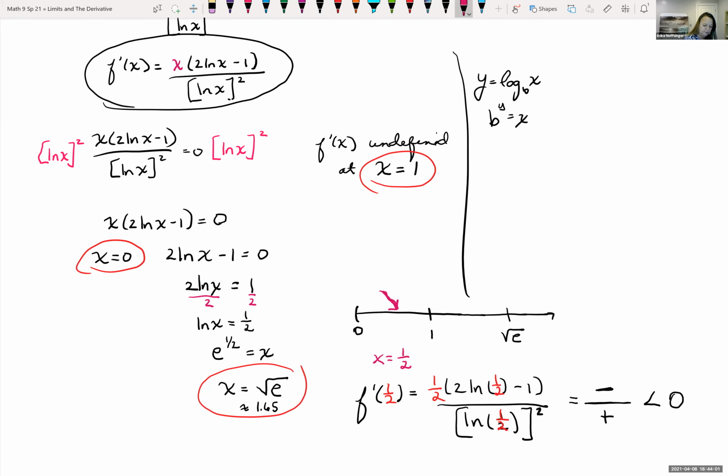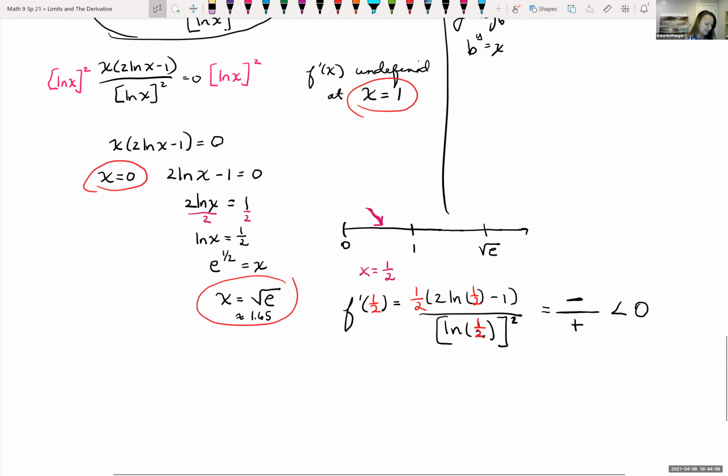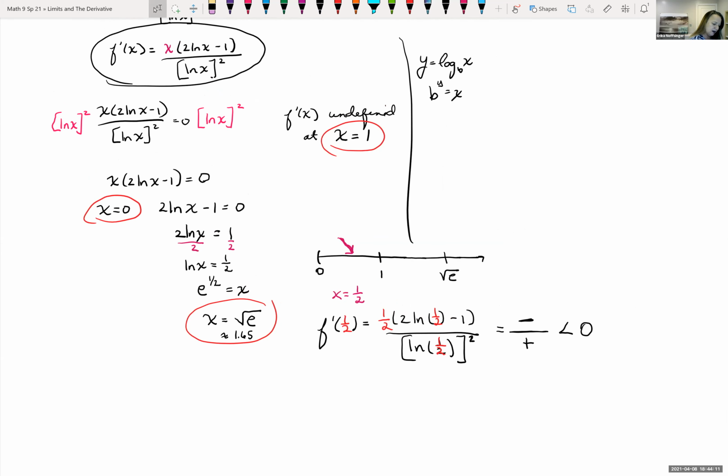and 1. So let's choose something that's between 1 and e. How about x equals 1.5?